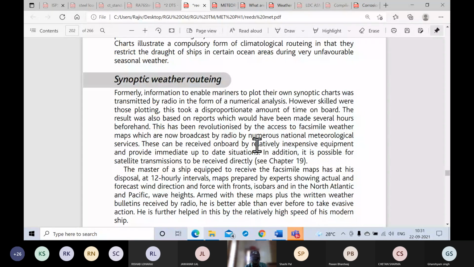Like JMH, the Japan Meteorological Agency, they transmit weather maps at 0840, 1440, 2040, etc. So you tune in at that time and you can get the weather facts for that particular area, which is going to help you route your vessel.